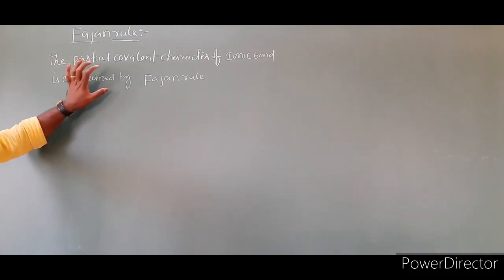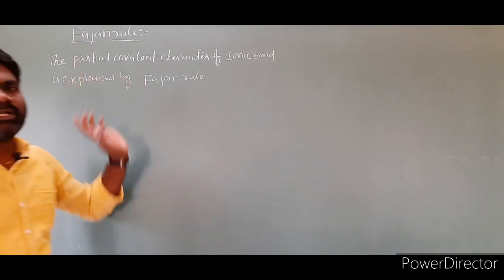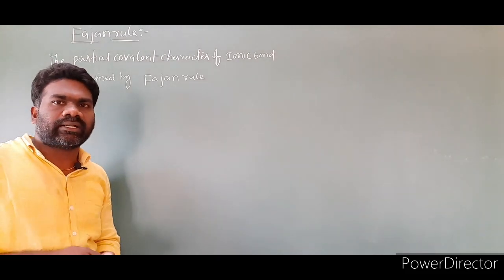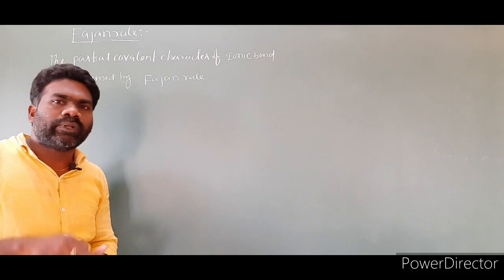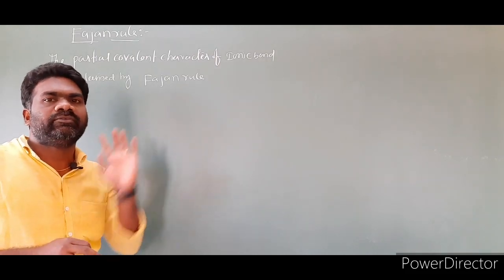What is the meaning of this statement? Ionic bond also has some covalent character. Even though the bond is ionic, it has some covalent character. The covalent character of ionic bond is explained by Fajans' rule.